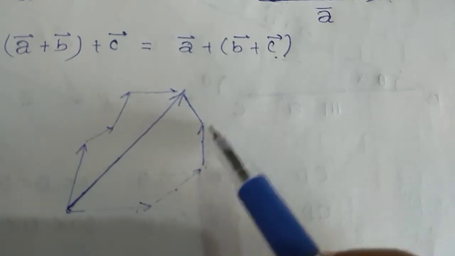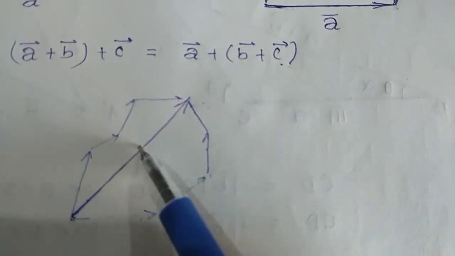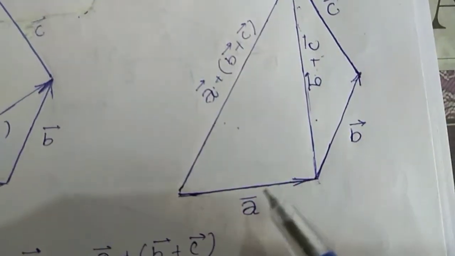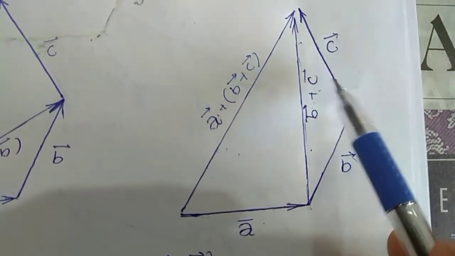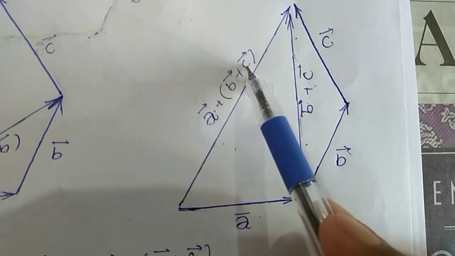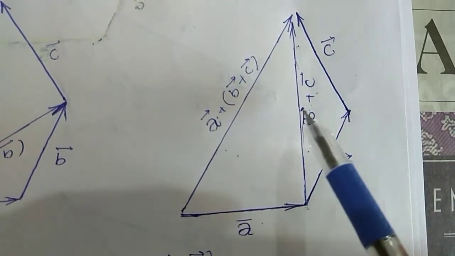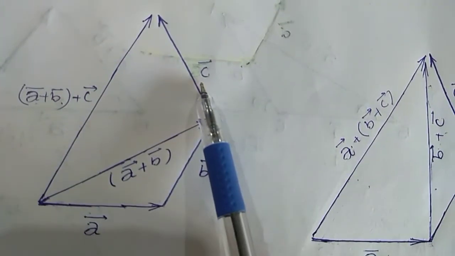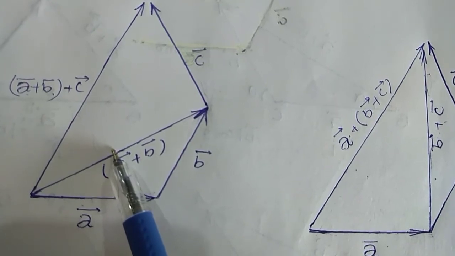So these are called the components of this vector, and these are also components of this vector. Here A, B, C are called the components of vector A plus B plus C. Here also A, B, C are called the components.